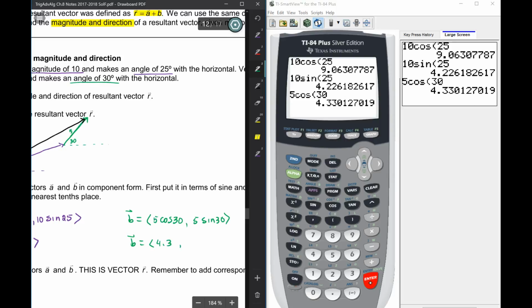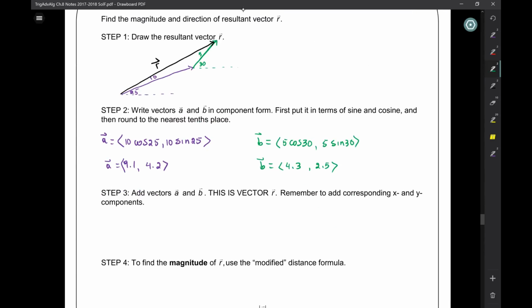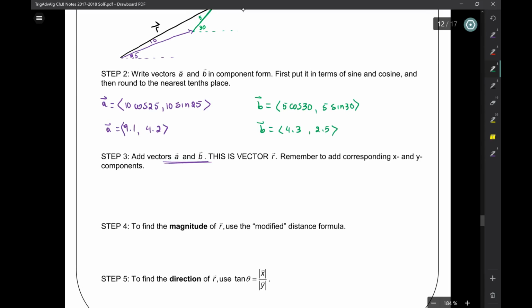And sine of 30 is a half, so that's just going to be 2.5. If you don't believe yourself, you can check with the calculator. All right, so I've done that. Now it says to add vectors A and B, right? So how do we add vectors A and B?